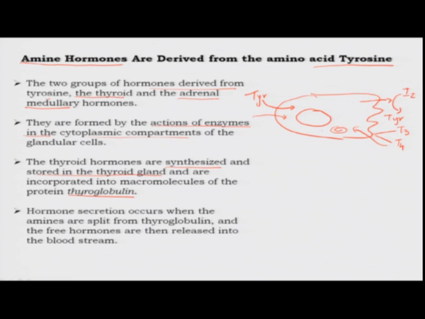This then activates a peptidase which cleaves off the tyrosine residues, the T3 and the T4, which are then released into the bloodstream. In this way the thyroid hormone is released from the thyroid gland.